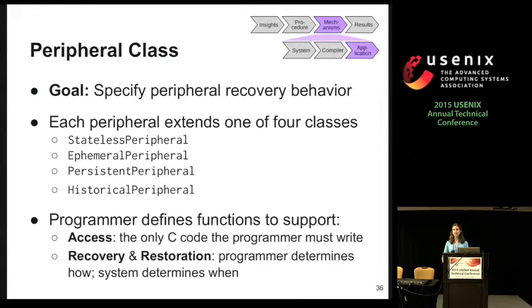And within this, they need to define for us a recover function, which tells us how we should recover this particular peripheral if it fails. But they don't have to worry about any of the complex bookkeeping or control flow logic needed to determine when to fail this peripheral or how to restore all of the internal or other external state in the system, because Phoenix does all of that for them.